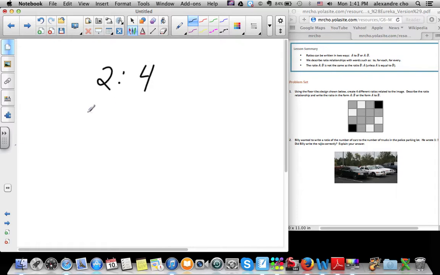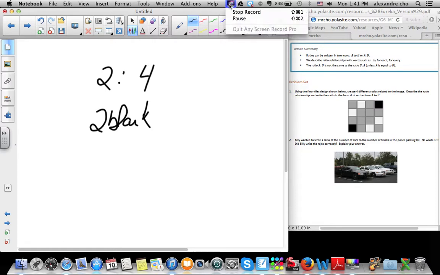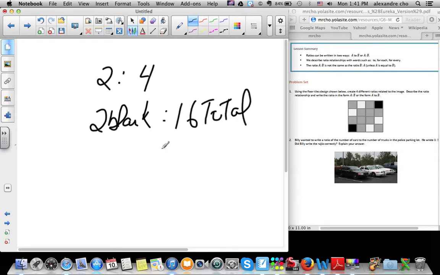Another one that I can create is 2, and I'll actually write the word, 2 black ones, to the total number of squares, and I know that there are 4 across, 16 total, so that's a part to total ratio. I can do the same thing for white.